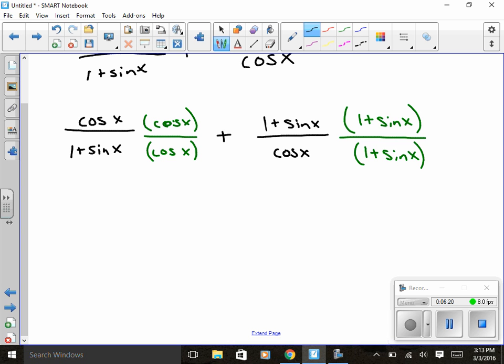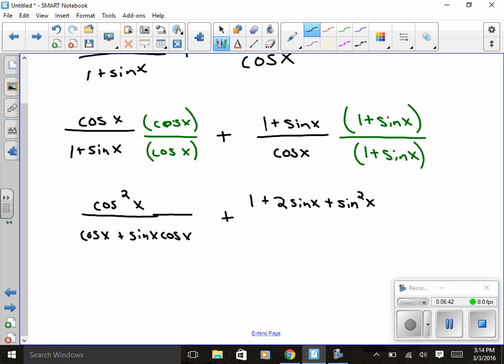So I'm going to go ahead and multiply and distribute. So I've got cosine squared of x, and I'm going to distribute the cosine then to the 1 plus sine of x. So I've got cosine x plus sine x cosine x. On the right-hand side, I've got 1 plus 2 sine x plus sine squared of x over that cosine x plus sine x cosine x.